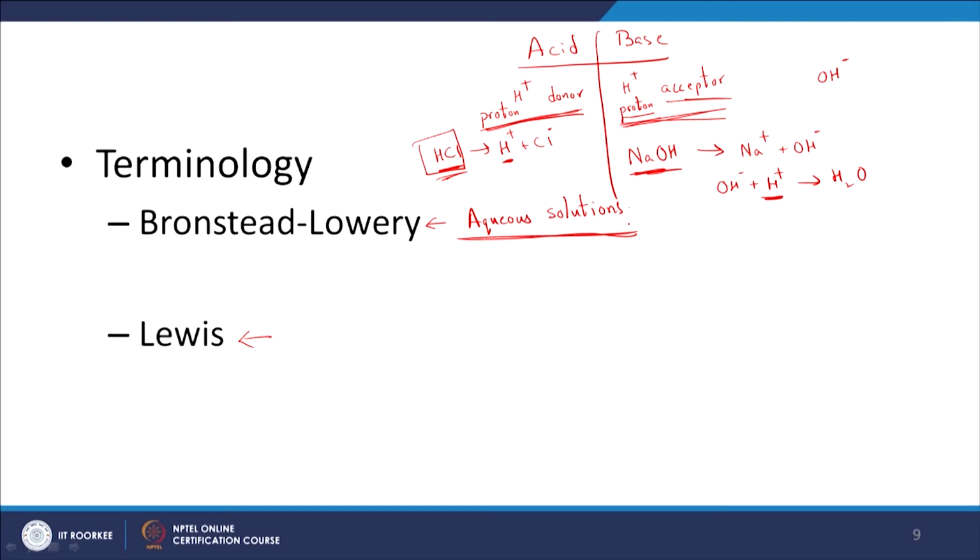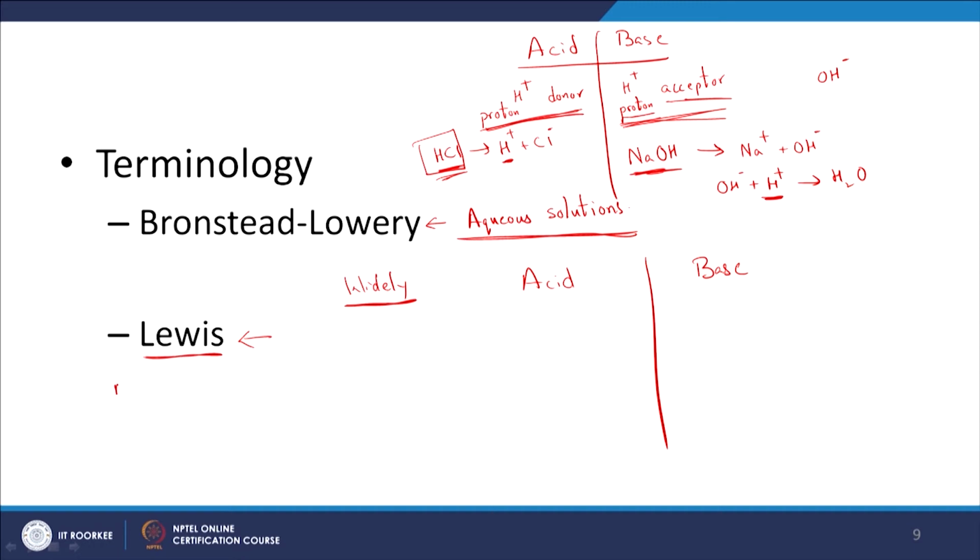So let us look at a more widely accepted theory, that is the Lewis definition of acid and base, which is not only applicable to aqueous solutions, but even when you have solvents and such involved, right.